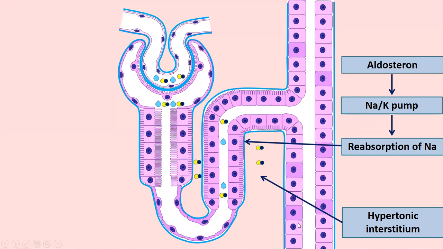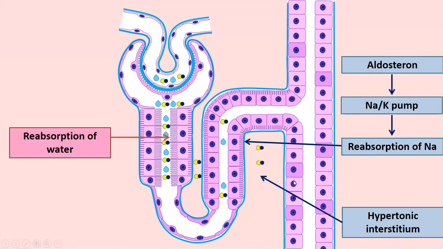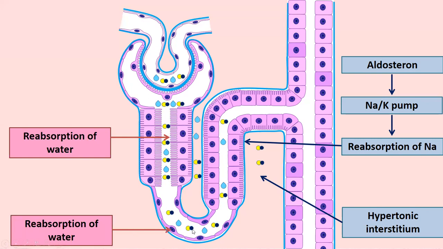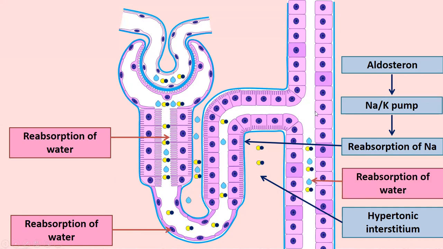So a hypertonic interstitium attracts water, and more active transport of water is present in proximal tubules, in thin and in collecting tubules. So reabsorption of water has three places. It's proximal tubule, and here we can see reabsorption of water in this case. Also thin tubule, because salt attracts water to the interstitium, and also it's collecting tubule or duct, and here we also have reabsorption of water.